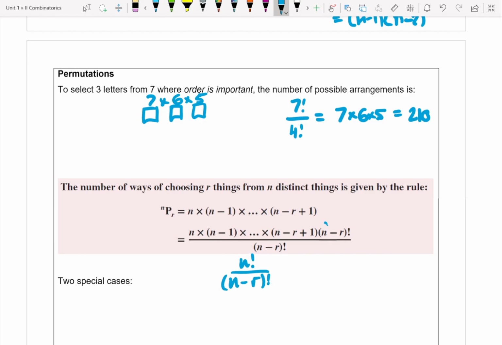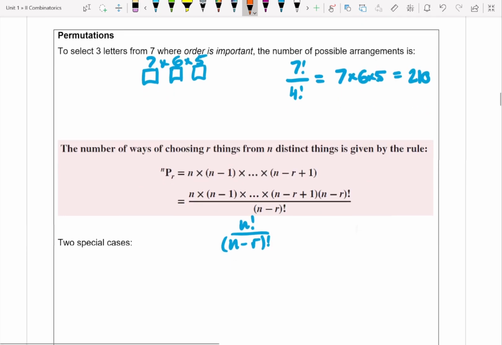So you can see we sort of combined this n take r factorial with all of the things that were before it. Because this is adding 1 to it each time until we get up to n, that's the same thing as starting at n factorial. So when working in this example, we cancelled those 2 parts in the numerator and we just had 7 times 6 times 5, but our general case includes those 2.